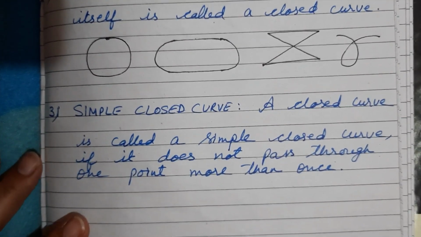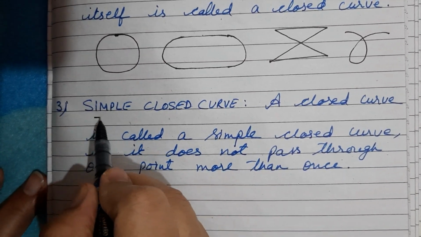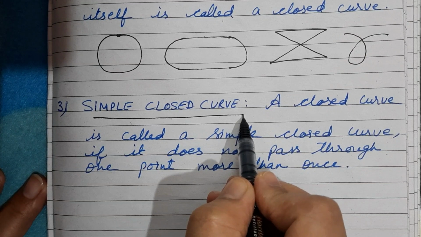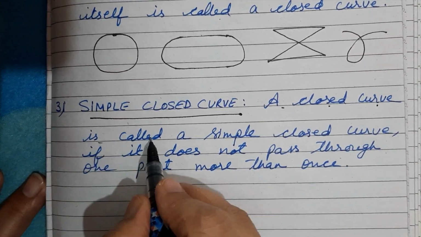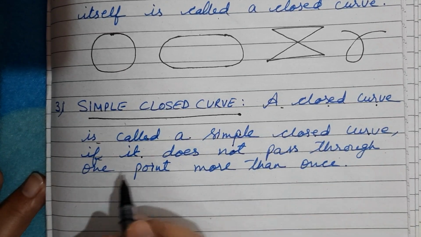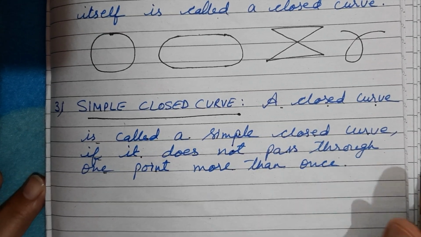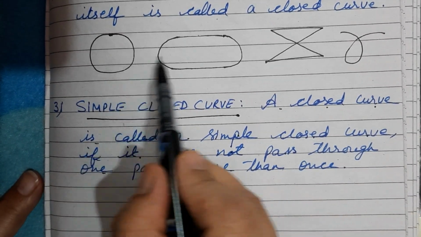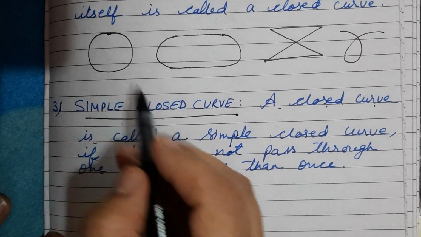Now closed curves are further divided into simple closed curves. What is a simple closed curve? A closed curve is called a simple closed curve if it does not pass through one point more than once. From these above examples, we can find out which is a simple closed curve.